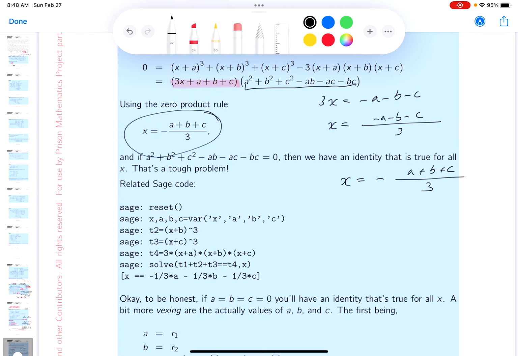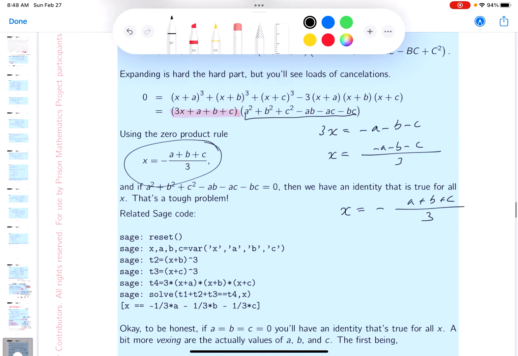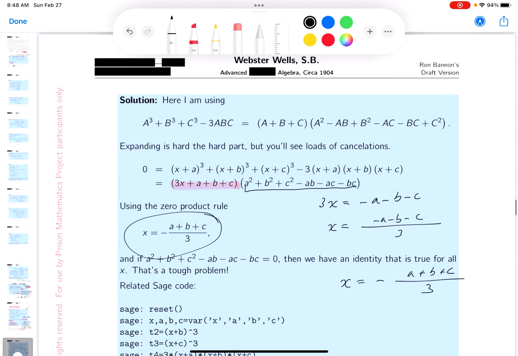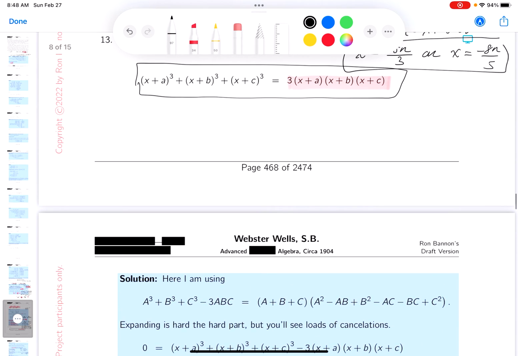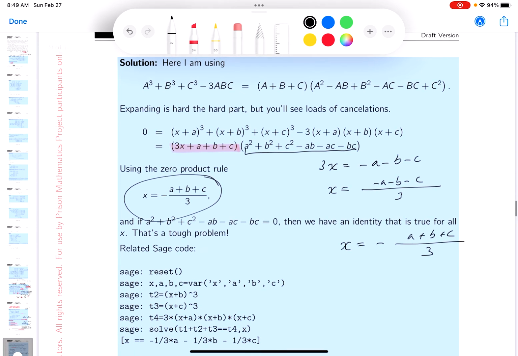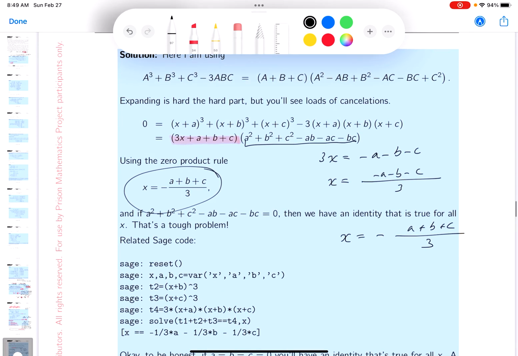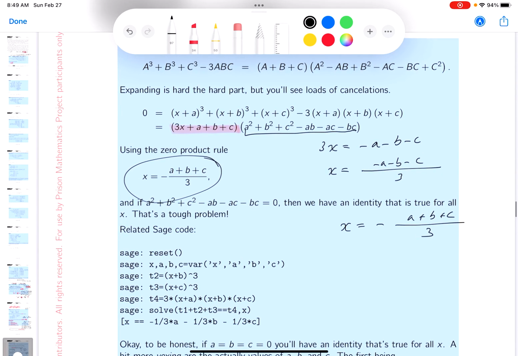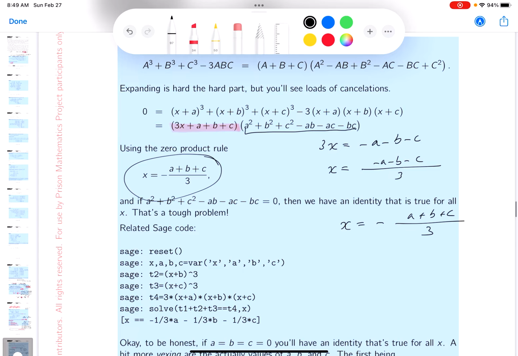Let's see what I put down over here. I say T2. I'm assigning T2 to be x plus b cubed. Yep, I see that. And T3 is x plus c cubed. I see that. T4, I put that down. You know what? I don't see T1 there, so there's a mistake over here.